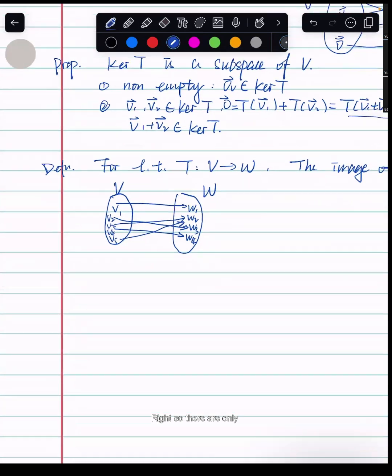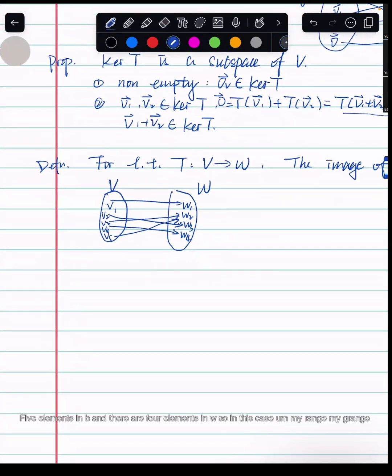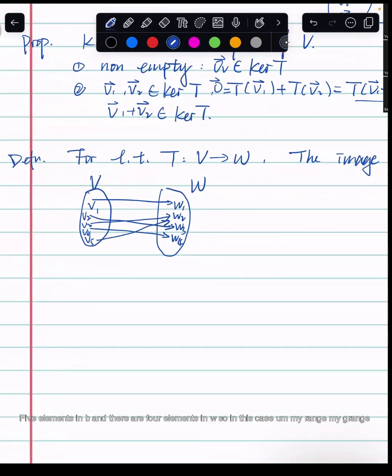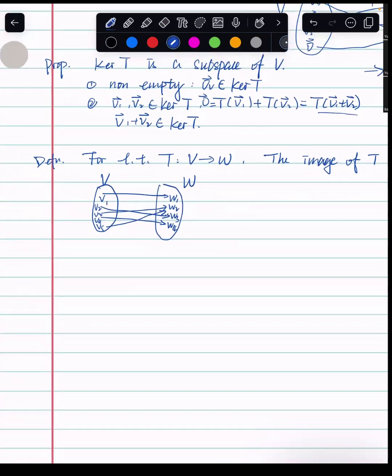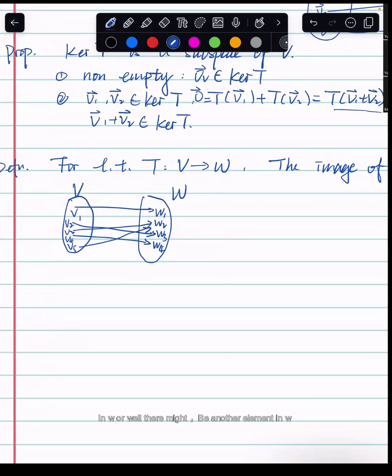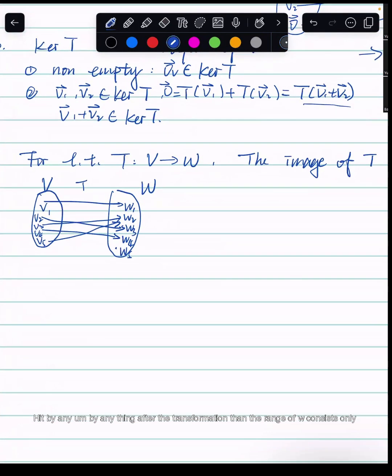So there are only 5 elements in V and there are 4 elements in W. So in this case, the range in W, well, there might be another element in W, but since this W5 is not hit by anything after the transformation, this range consists only of W1 through W4.